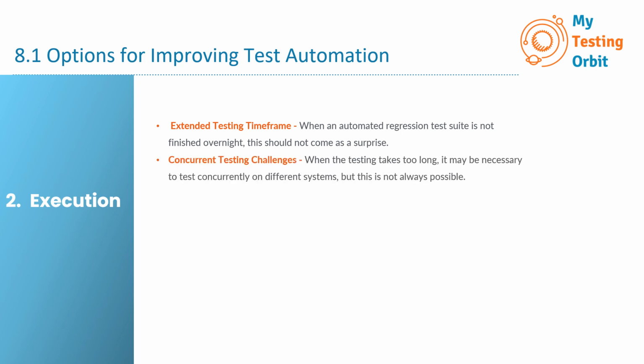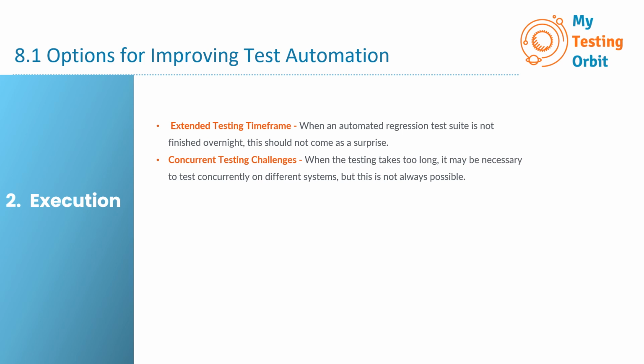Second one, concurrent testing challenges. When the testing takes too long, it may be necessary to test concurrently on different systems, but this is not always possible. There is always a growing demand for faster releases, so the team may consider running tests concurrently on multiple devices to speed up the process. But this approach may not always be feasible.